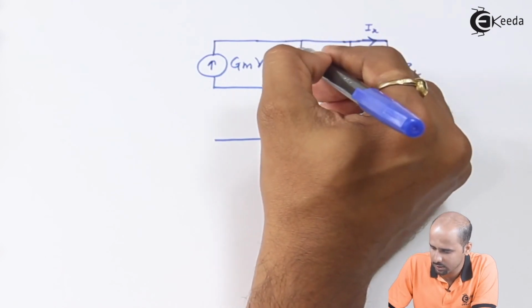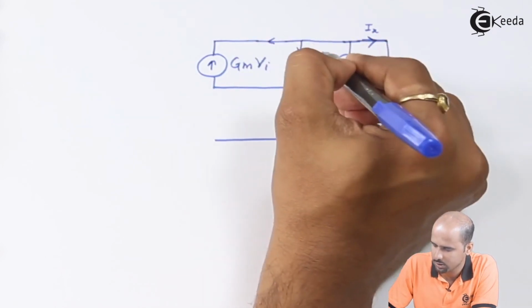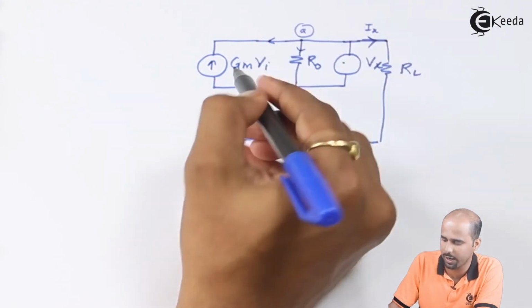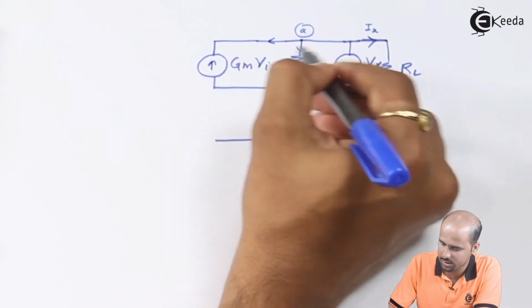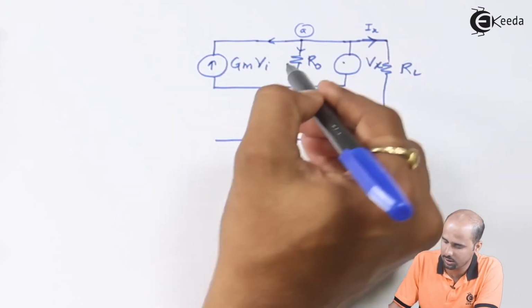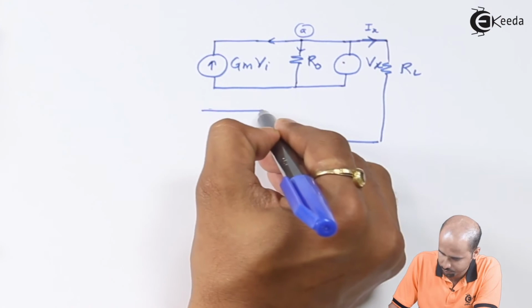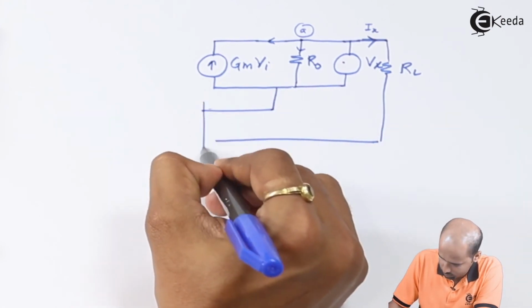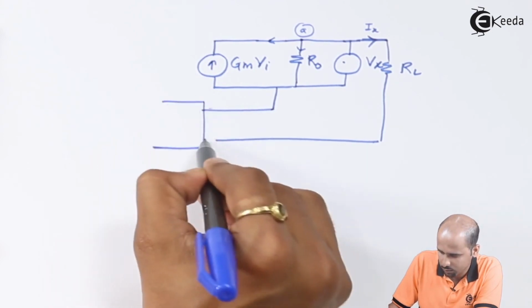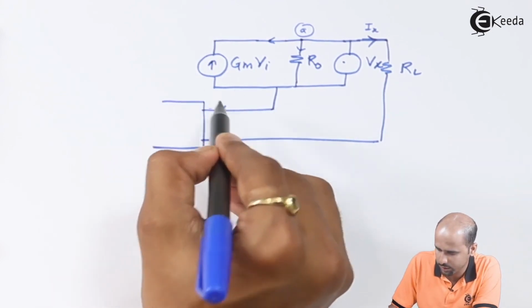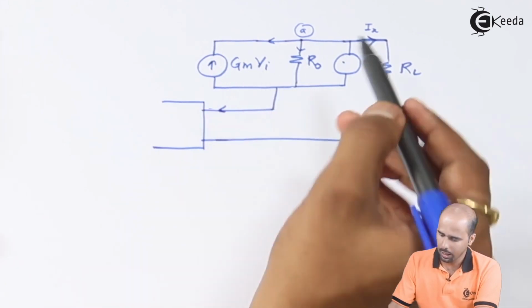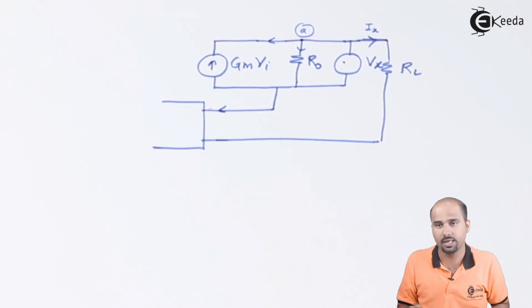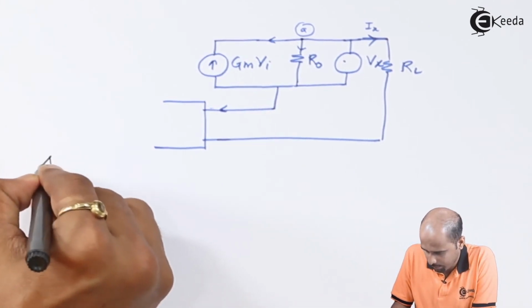Considering that we are applying KCL at the output side, we'll say node number A. We'll be drawing the half part of this particular circuit, and at this particular node A we will apply the KCL.